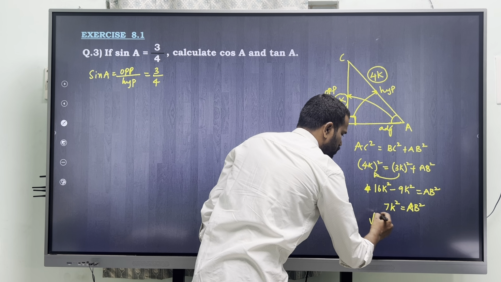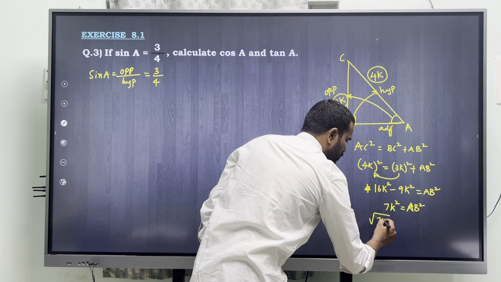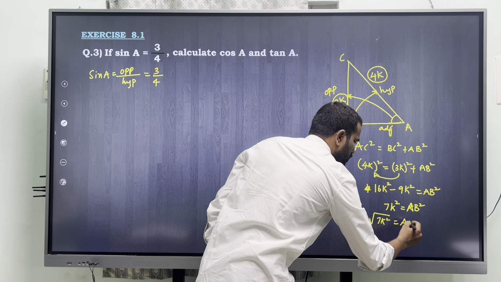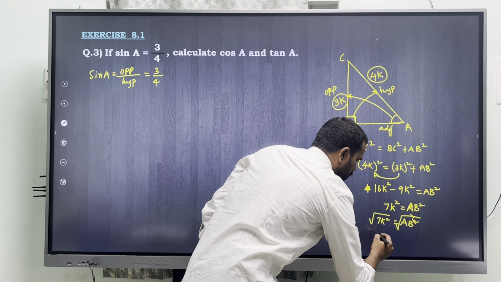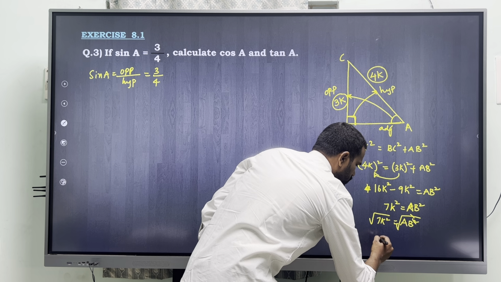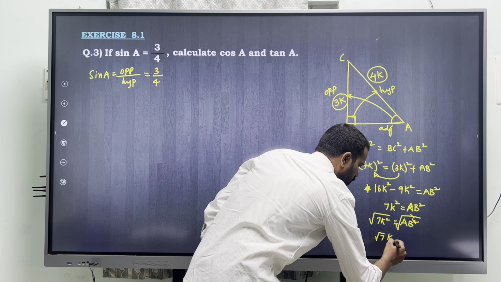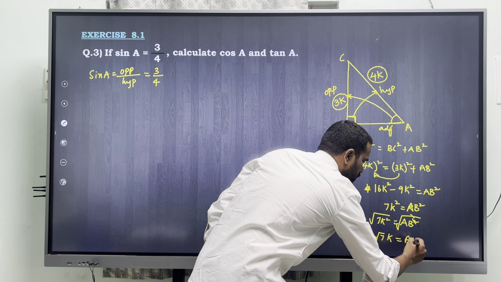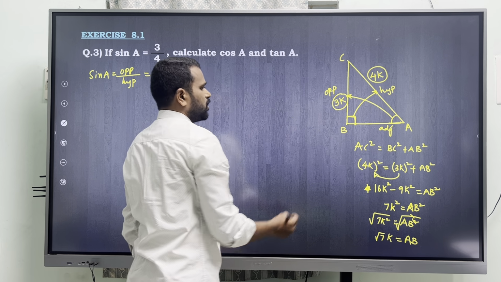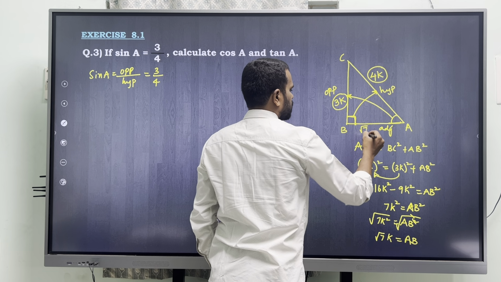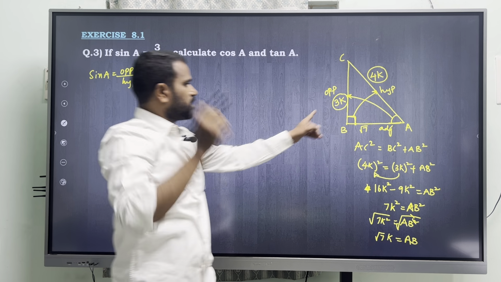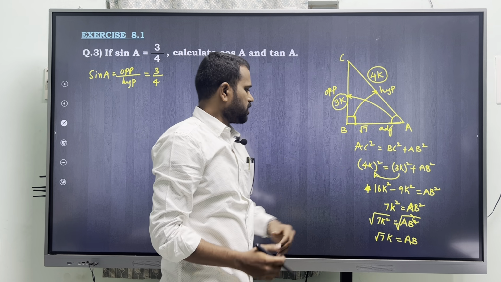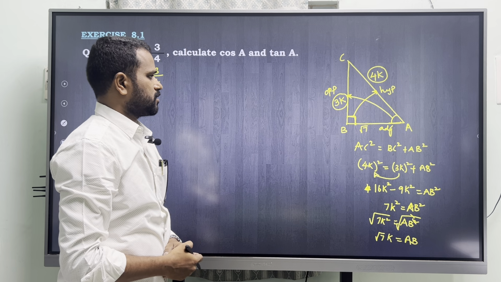Taking the square root on both sides, root 7 k is equal to AB. So AB is root 7k. Understand? We have 3, 4 and root 7.